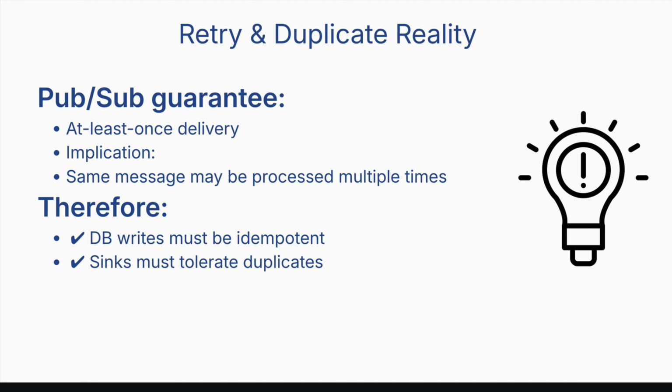Because of this, your database writes must be idempotent, otherwise you will be writing the same row multiple times, and downstream systems should be able to handle the duplicates. Exactly-once processing doesn't redeliver the message until the acknowledgement deadline expires.